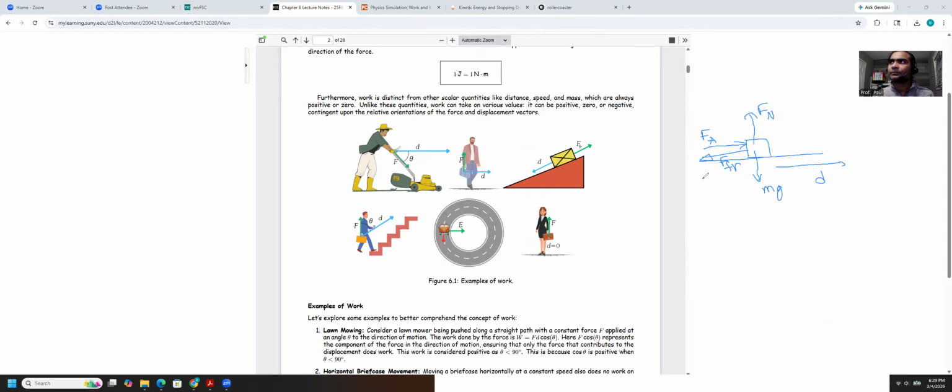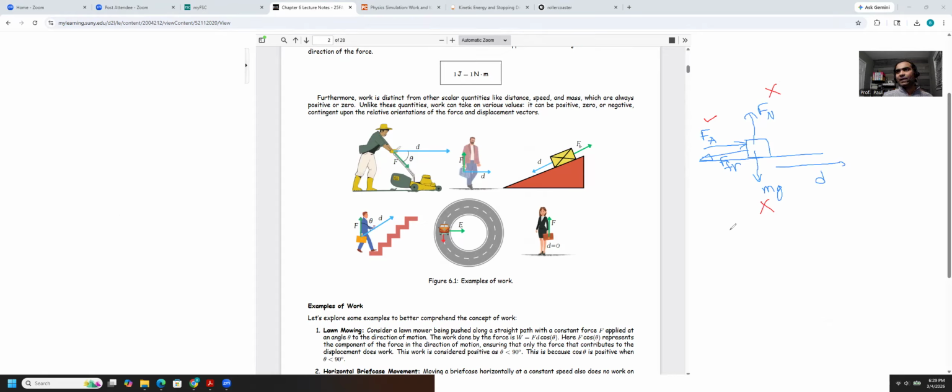Now, some of the forces may not do any work if they are perpendicular, right? Then cosine theta equals cosine 90 degrees, which is equal to 0. So, for example, in this case, gravity does no work, normal force does no work. But you know that applied force does positive work, and friction does negative work, right?